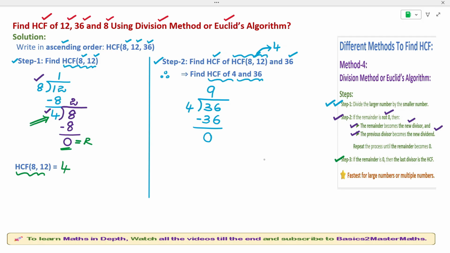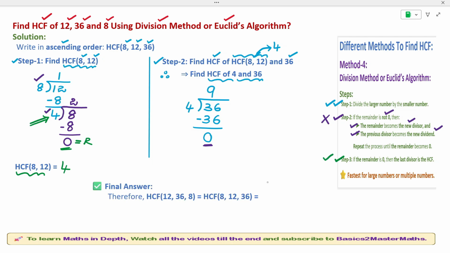In this case, step 2 is not applicable because the remainder is 0. So, move to step 3.